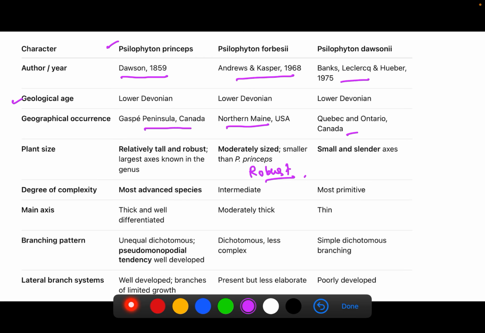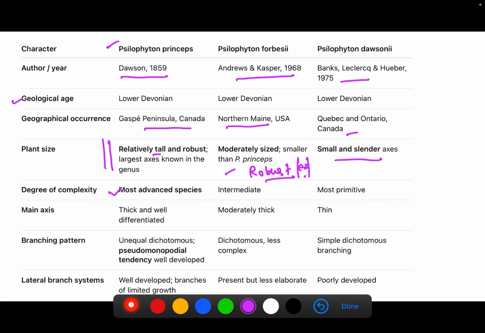Robust means stout, more thick, the stem being thicker, but here the stem would be thin but longer. So relatively tall, that is why we have kept that. In terms of robustness, in some literatures Psilophyton forbesii has been given as more robust, and Psilophyton dawsoni is small and slender.